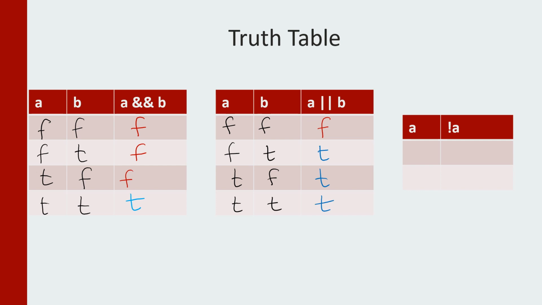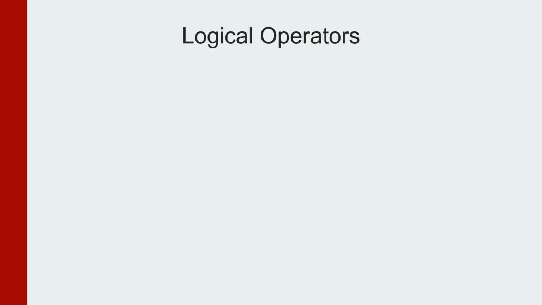Now, finally, I have this unary operator, which is just with a single variable. So if I have A is true and A is false here, then I just flip it. So false becomes true and true becomes false. Okay, so these are the logical combinations that you can use in your code to make more complicated conditional statements.